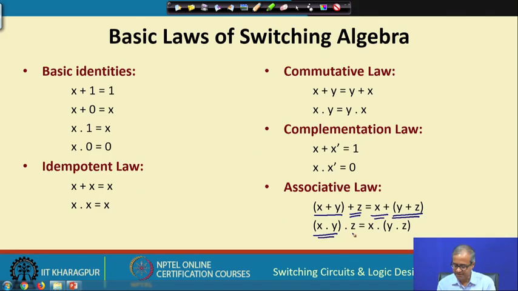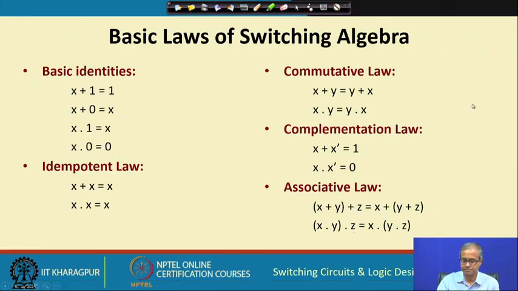Similarly for AND. Okay. I suggest you try to construct a truth table and verify this yourself using the method of perfect induction. Here there will be 3 inputs x, y and z, and you can check for all possible combinations whether the left hand side and right hand side are the same or not. Okay? Fine, I will leave it as an exercise for you.